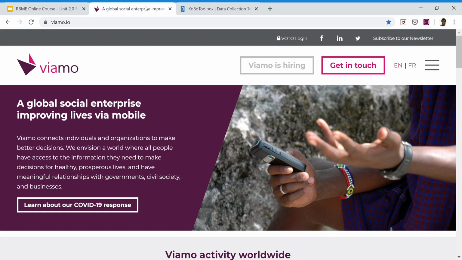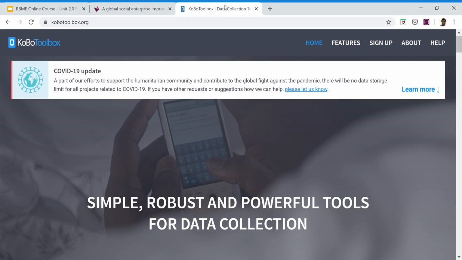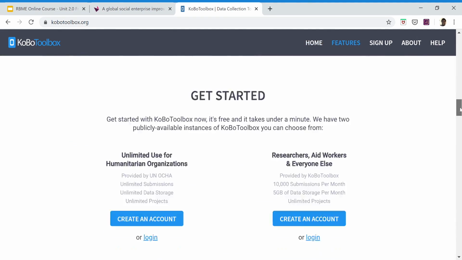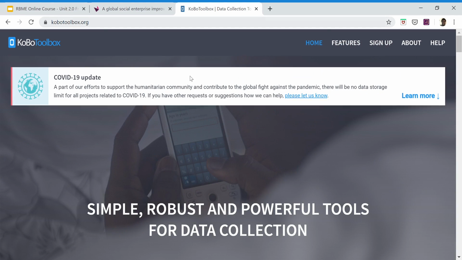Bayamo uses SMS as well, and also uses the voice technology of mobile phones. Cobalt Toolbox is like having a survey on a mobile phone, and one good thing about it is that it's free to an extent, so perhaps you can explore it as well.